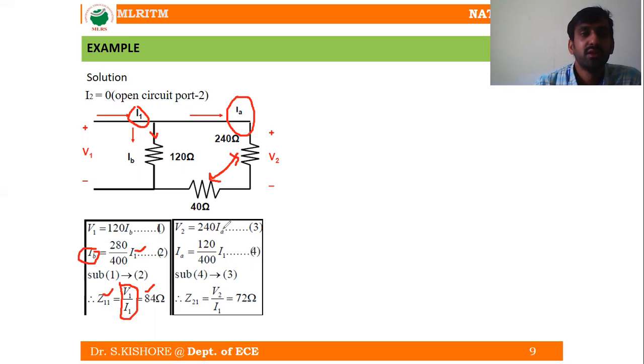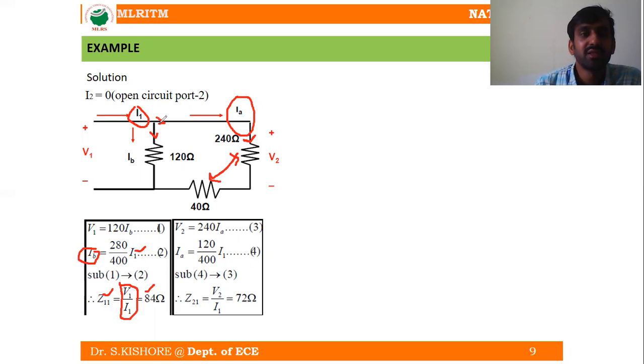From this, if I want to get the expression for IA, again applying the current division rule, IA is going to be equal to the source current. I am considering this as the current IA. What is the source current here?